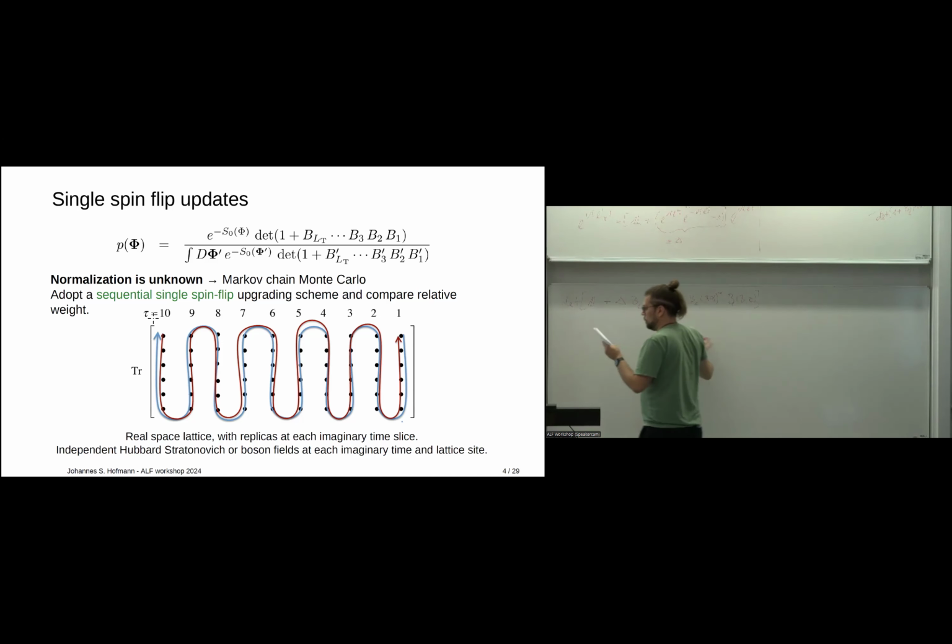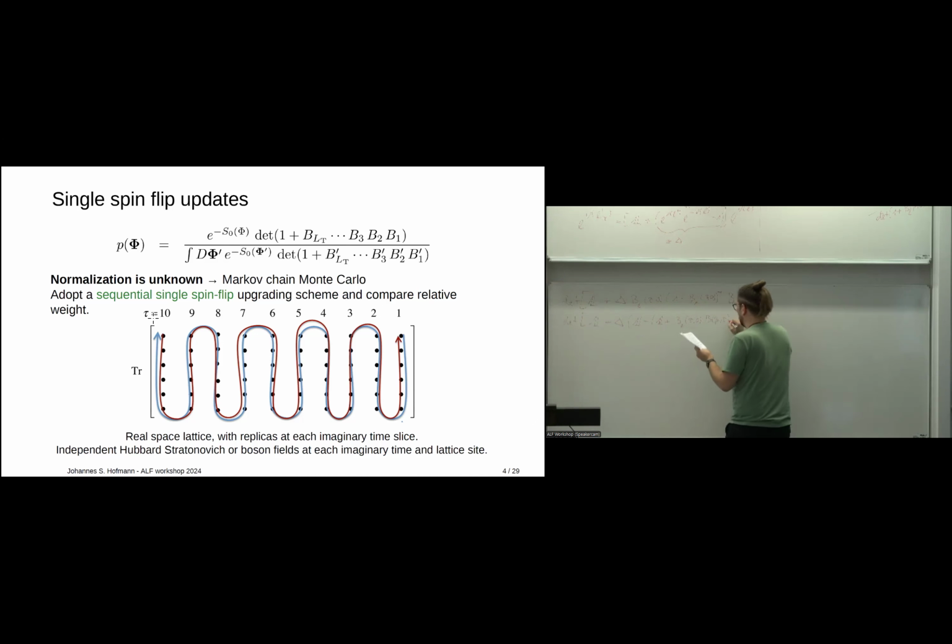And then with a little bit more of shuffling things around, I can write this as the determinant of 1 plus this matrix delta, the identity minus the identity plus BL of tau 0 to B beta tau.